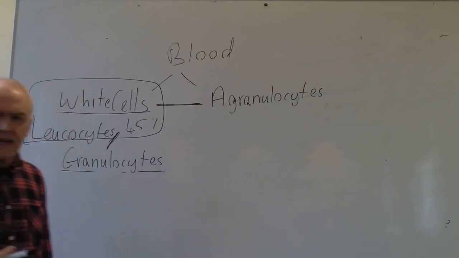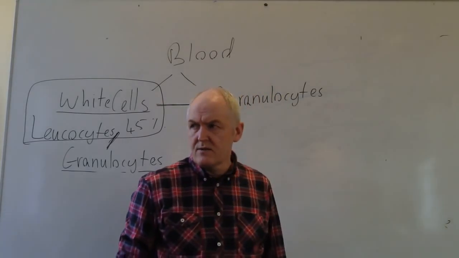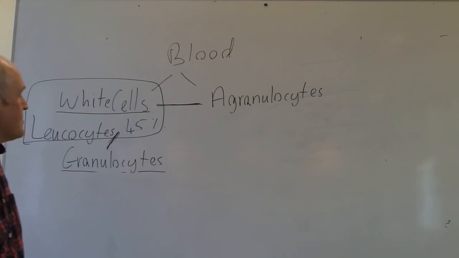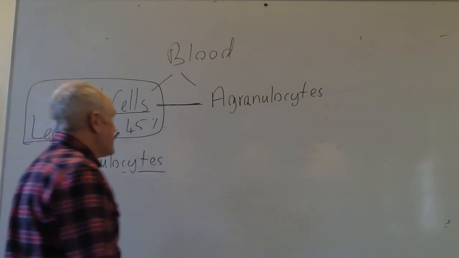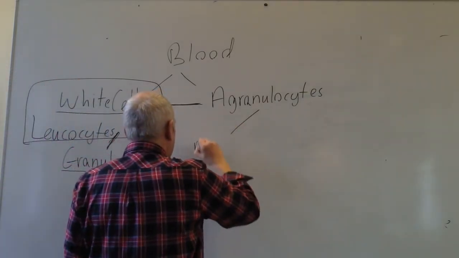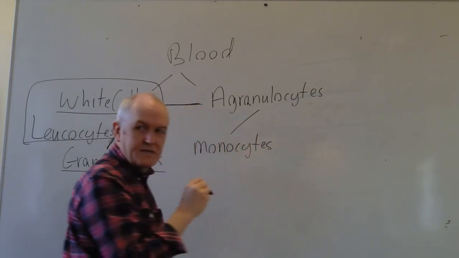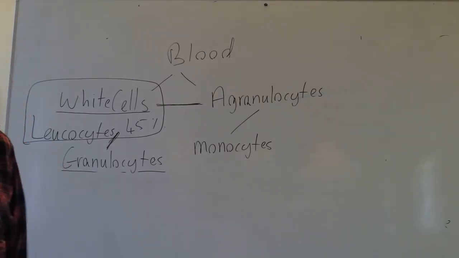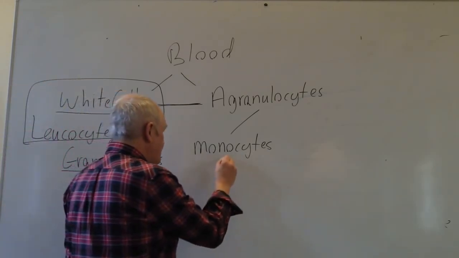Now, people have discovered electron micrographs and electron microscopes and have found granules in these cells now. But when you look at it with a light microscope, you don't really see them. And that's where the name comes from. So, cells without granules. So you might have heard of monocytes. These have one largish nucleus.